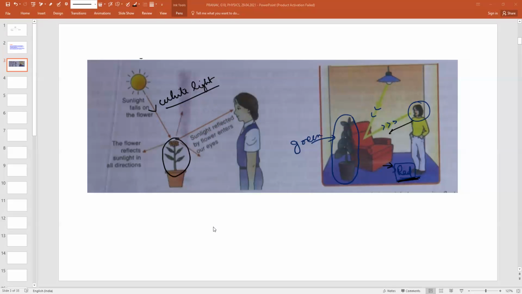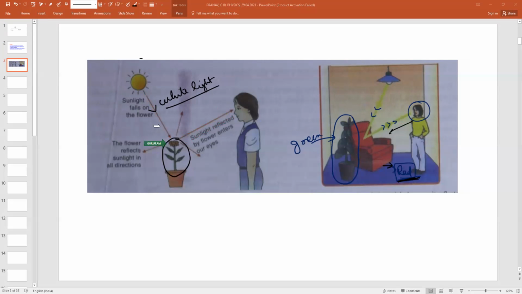The colors of different objects are different because an object absorbs a definite type of colors and reflects the rest. The white light has all colors.